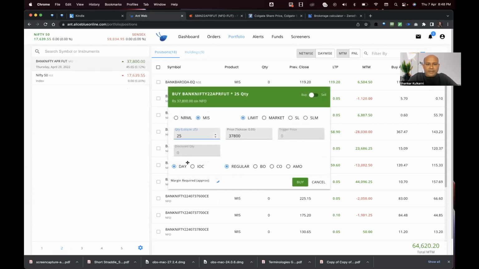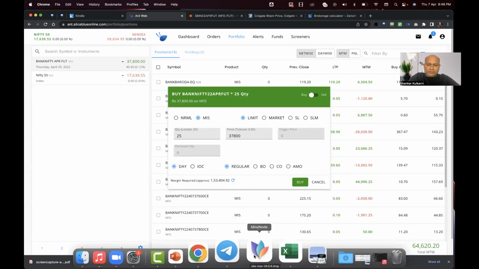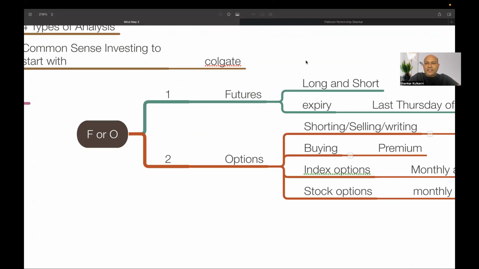If you click on buy, I'm not sure if these guys show. Yeah, so for normal it is 1,53,000. For MIS also it is 1,53,000. This lot size is 25. Then there is margin money and other stuff which you will be able to learn. So that's futures: you need a slightly bigger capital.